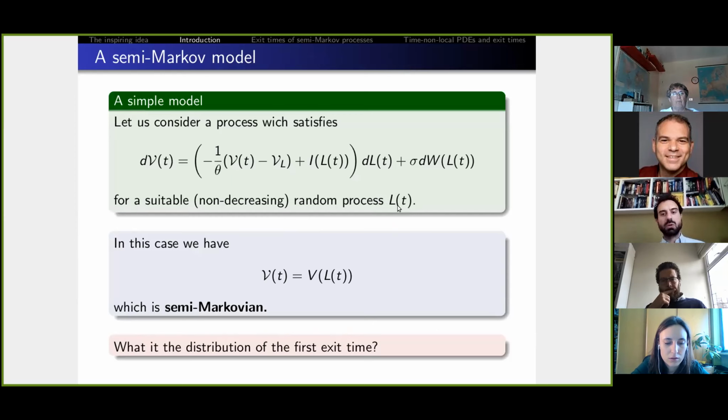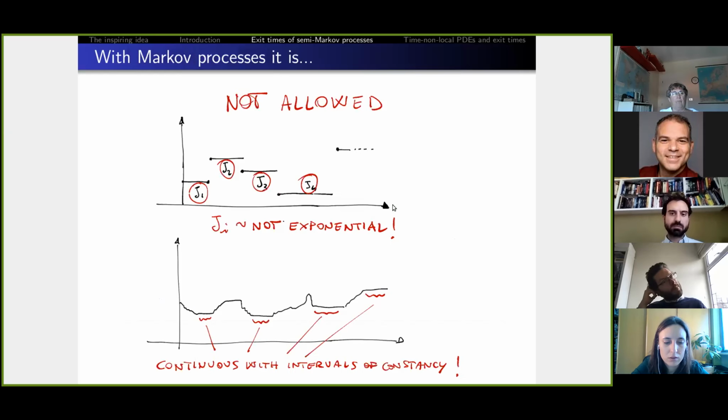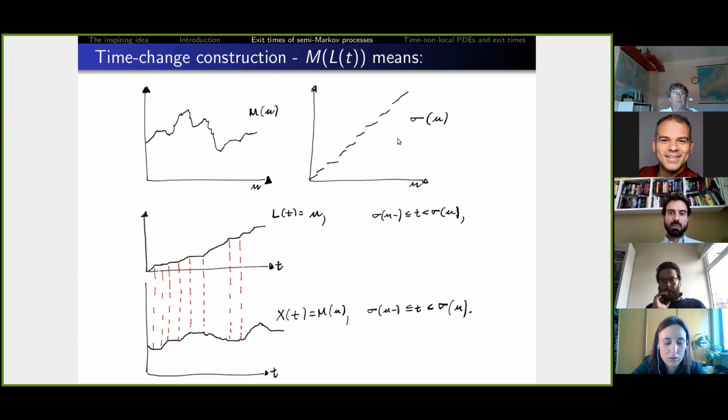So it is easier to introduce the other process, and then having it, you get your random time. The external process here is sigma. Imagine that we want to time change with capital L. We have a process here called sigma, which is increasing and jumping. And when you take the first passage time of this process through level t, that is its inverse, the jumps of this coordinate become intervals of constancy.